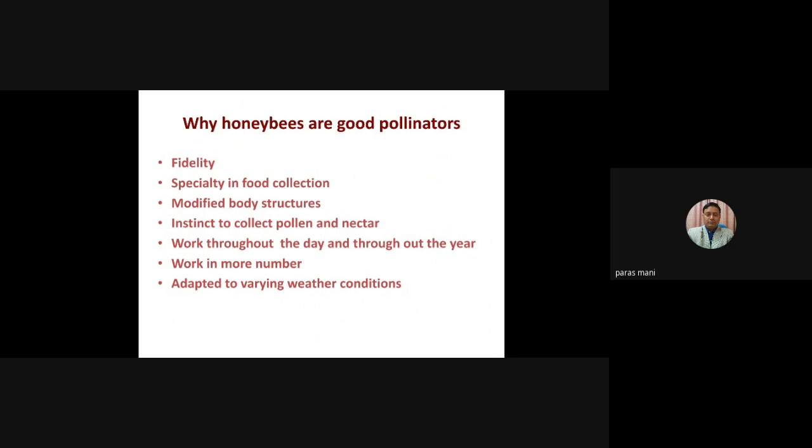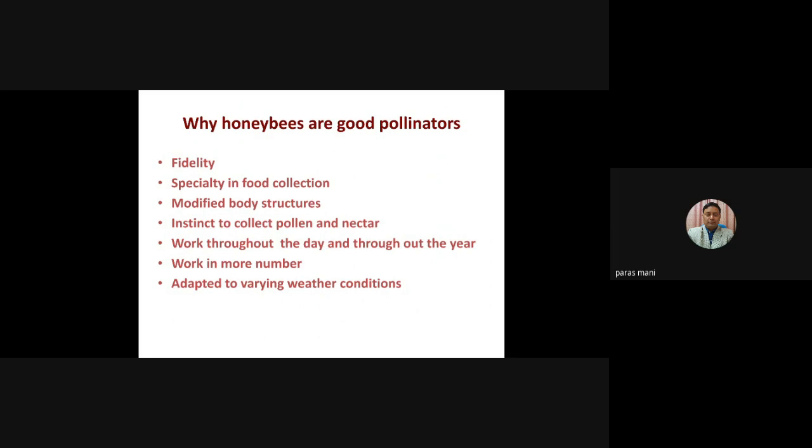Why are honeybees considered a good pollinator, not other bees or butterflies or any other order of insects? Because of honeybees' first character, what I told was fidelity. You have to remember this terminology. Honeybees have a tendency of visiting flowers of the same species in one trip.